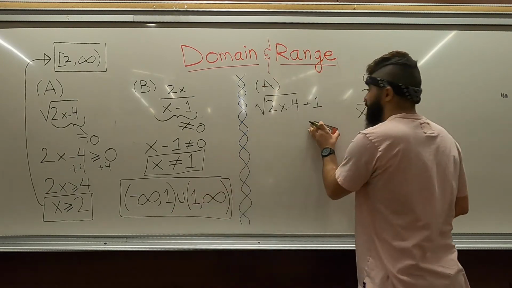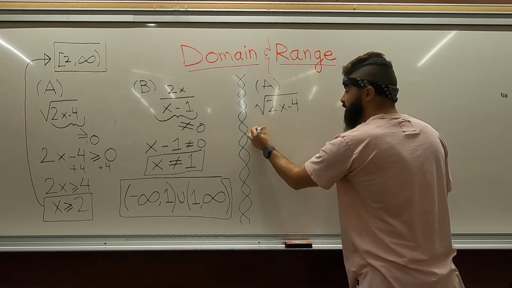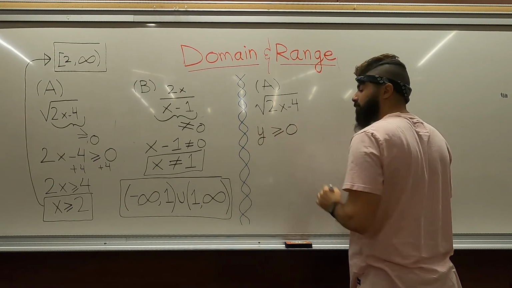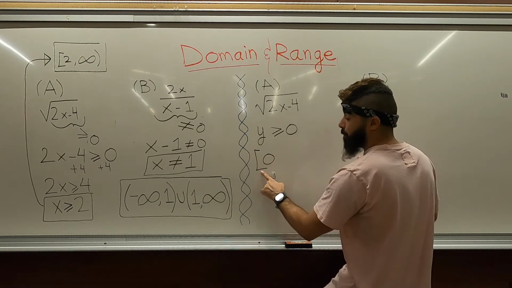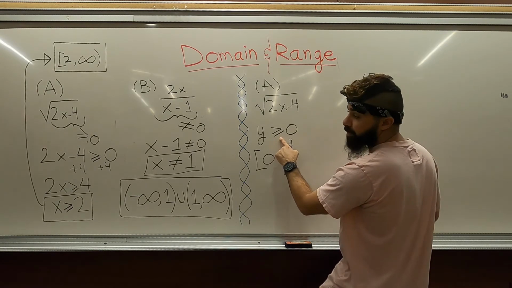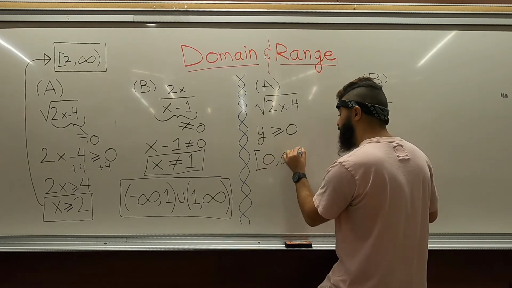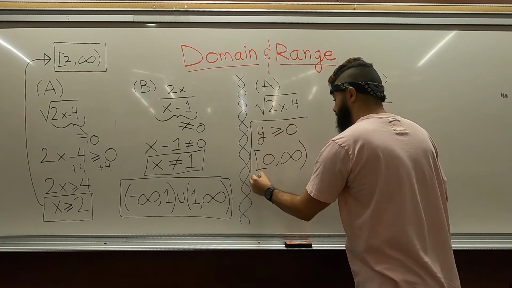In our case, there's a 0 there, so the range is y greater than or equal to 0. And the set notation is from 0, bracket, because we have the or equal to. If this was just y greater than 0, not the or equal, this would have been a parenthesis. And this goes all the way to infinity. I guess these are the range answers here.